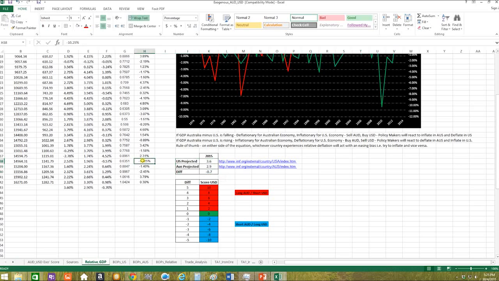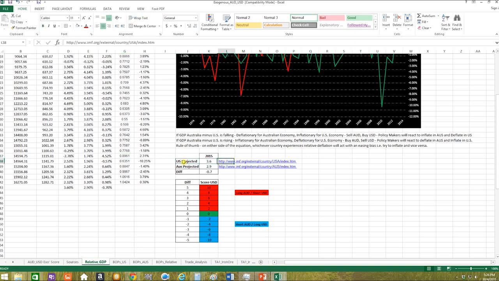And there's a small caveat here in that this number for the United States, the projected number of 3.6%, was actually taken at the beginning of March from the IMF website, and recently it has come down. So we're looking at this historically now as if we were at the beginning of March 2015.